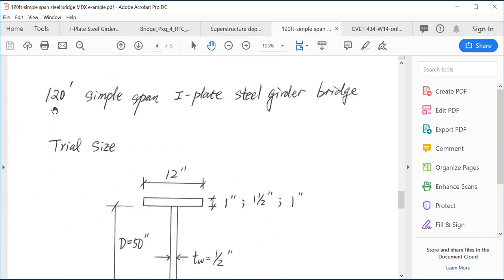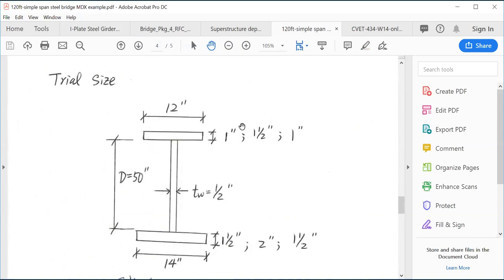So for this 120 feet simple span I-plate steel girder bridge, based on requirements like depth to span ratio, the geometric requirement of the flange, and the width based on the width to thickness ratio, I have a trial size to start with.